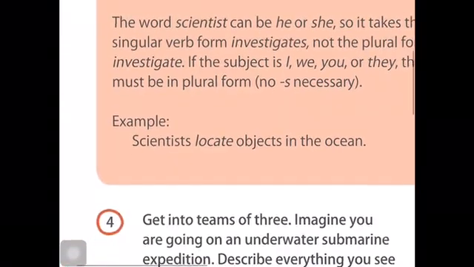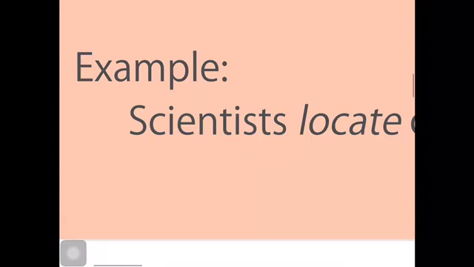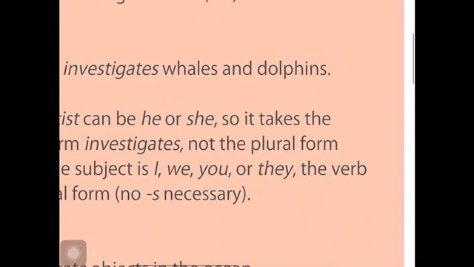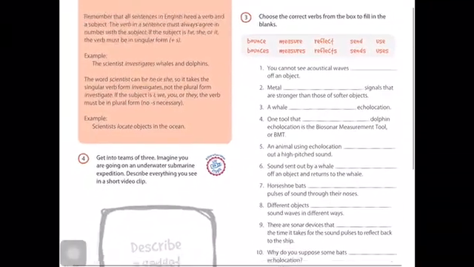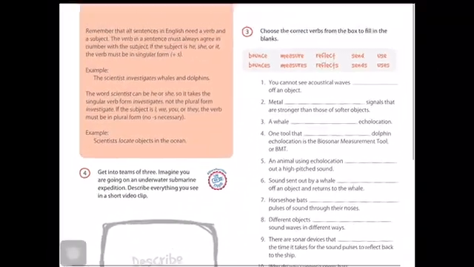Example, scientists locate objects in the ocean. Look, scientists locate. You don't say locates. Locates is for he, she, or it. Okay? Very good.